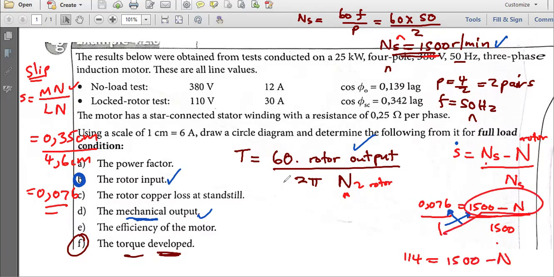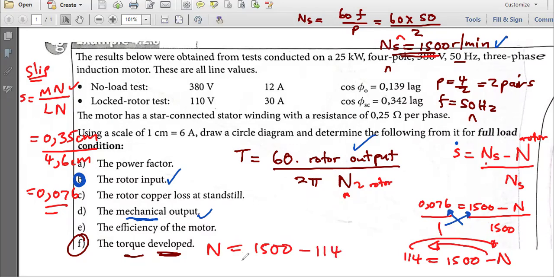This guy is just going to remain as it is. So we need n. We can take it to the other side. So n is equal to 1,500 minus 114. So that was 1,386 revs per minute. Remember, we are dealing with this one in revs per minute. So definitely our answer is going to be in revs per minute.